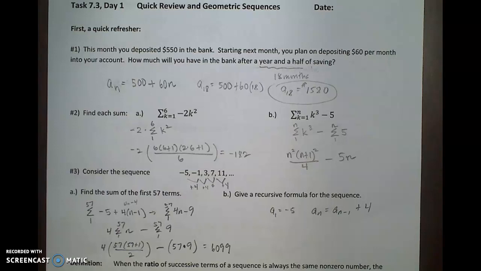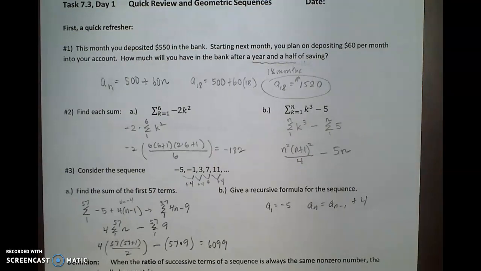Number three, we're given that sequence, noticing the patterns that we're adding 4 each time. So part A is asking us to find the sum of the first 57 terms. So here again I wrote it as an explicit, fitting the pattern, and simplified that explicit expression.